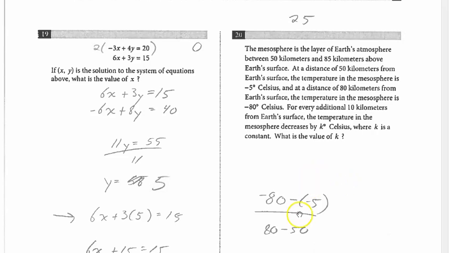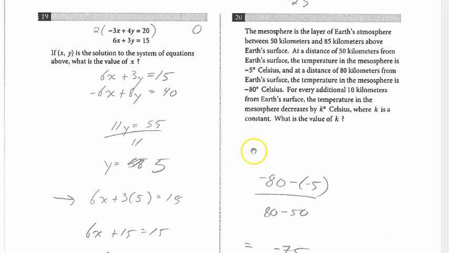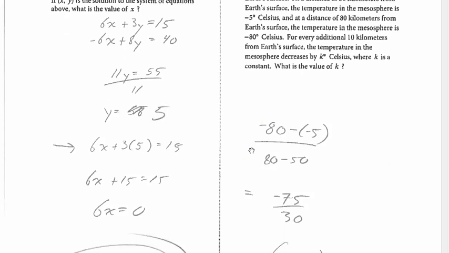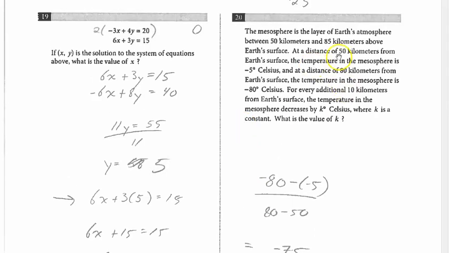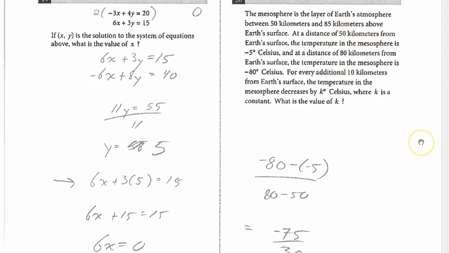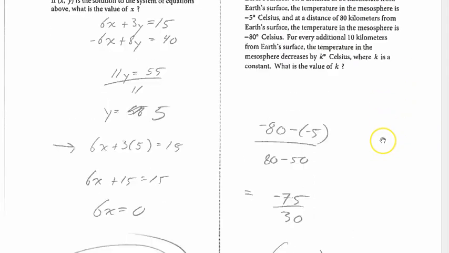As we can see here, I took that negative 80 and subtracted negative 5. Those are my points here. So what that's telling me is I'm looking for the slope. Here I subtracted the distance, or how far they were. So that was 80 minus 50. That's coming from up here. So we're looking at that 80 and that 50. They gave me ordered pairs.